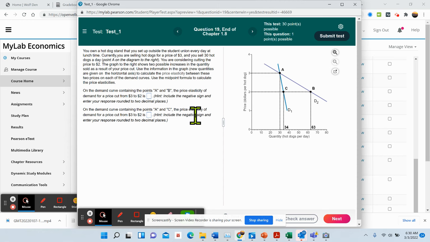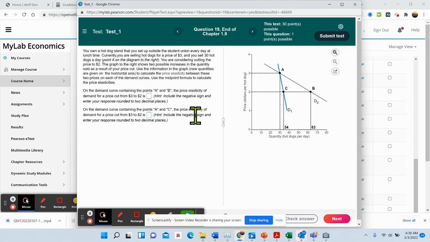So remember, we have to calculate the percent change in the quantity demanded over the percent change in the price. And so let's get our points down. Point A: price is equal to 3, quantity is equal to 30.